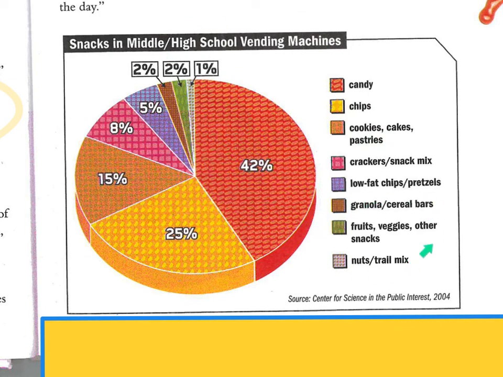That would be the more healthy options, such as nuts, trail mix, fruits, veggies, other snacks, granola, cereal bars, low-fat chips, pretzels. Okay. What's interesting is that the high school I worked at for this current job, these are the snacks that the vending machines sold. Only these, because these are the healthier options.